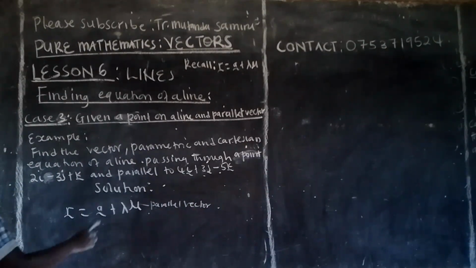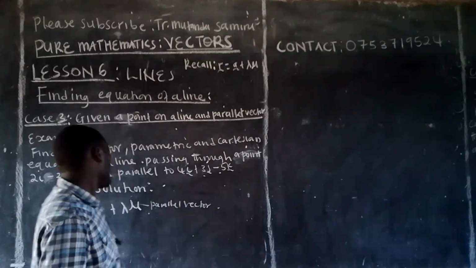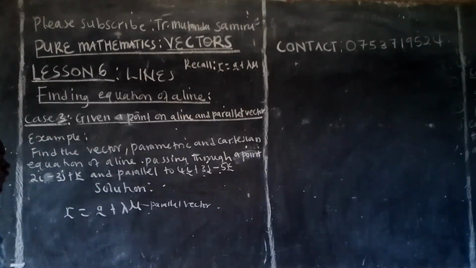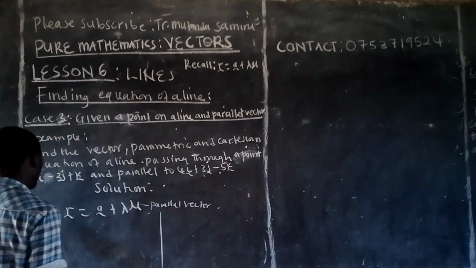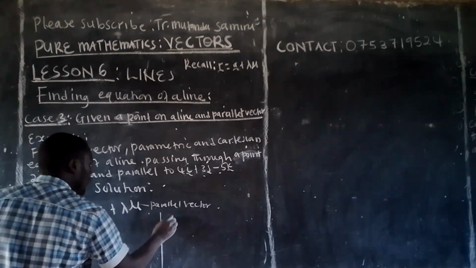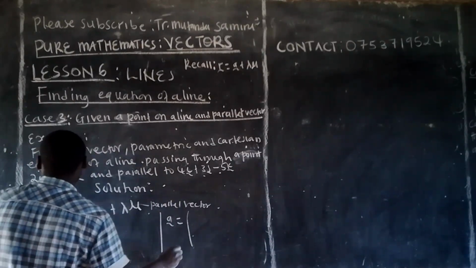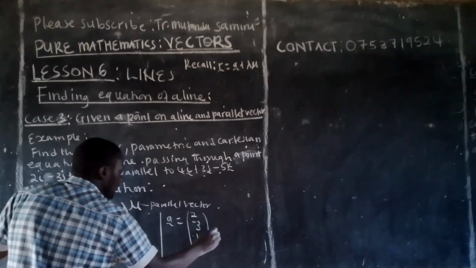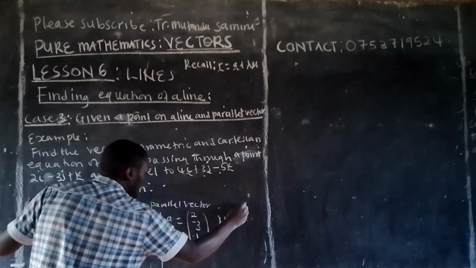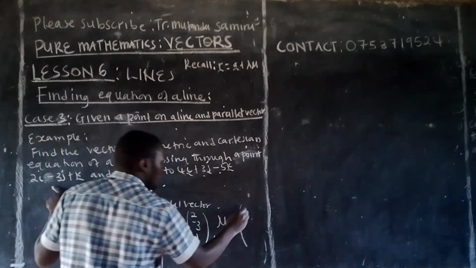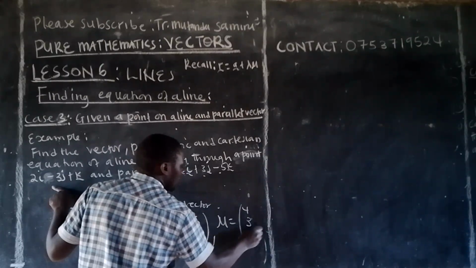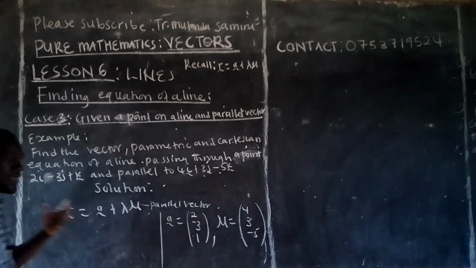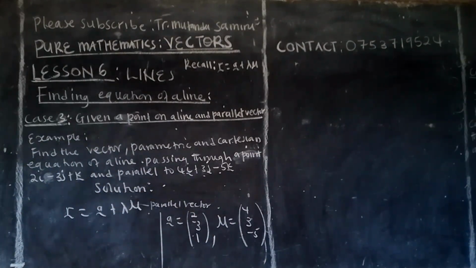So your vector A is (2, -3, 1). Your mu, the parallel vector, generally with no need to subtract, is (4, 3, -5). Knowing the terminology puts you there, and the answer is done.